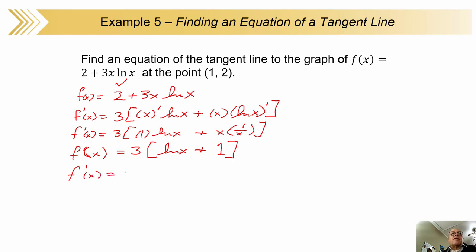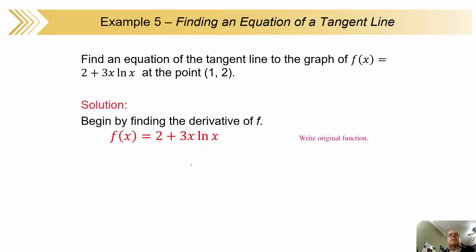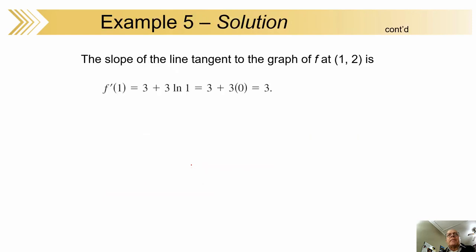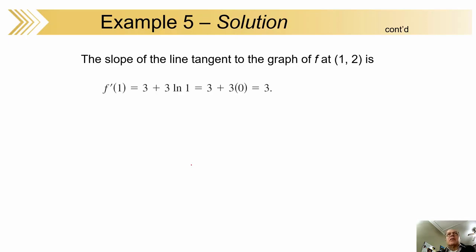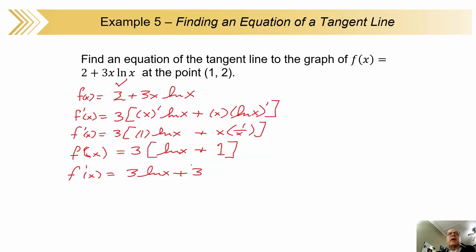So our derivative is 3 natural logarithm of x plus 3. Check that. I guess we got the steps there. Now, once you got this, oops, let's go back here. Let's go back the whole way.